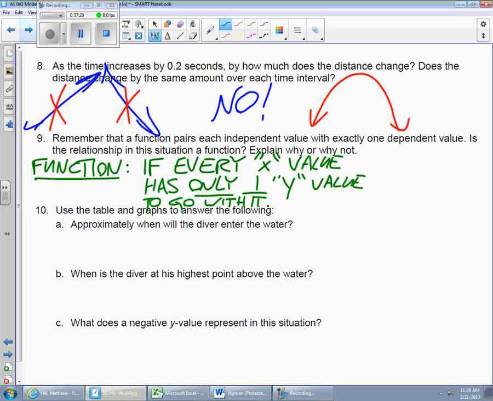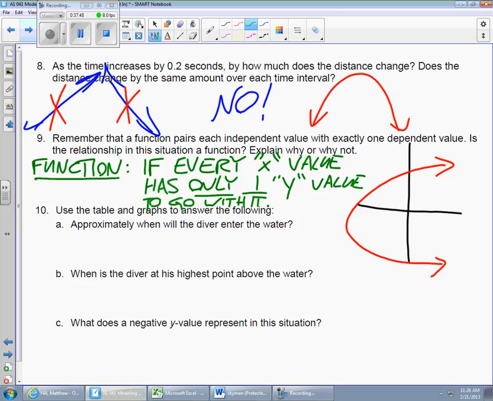While you're copying that down, I'll give you a little visual so you can comprehend what was just said. For a graph, if we want a function, then we will never get a graph that does something like this. What makes this not a function?